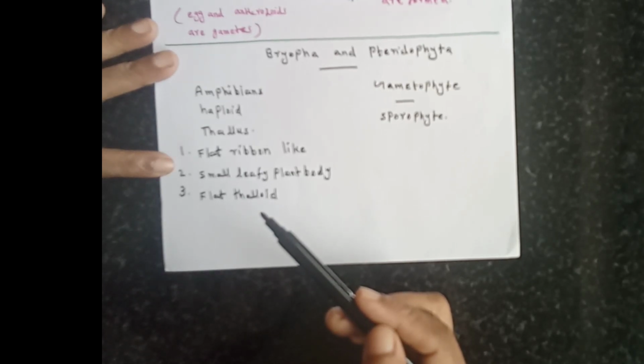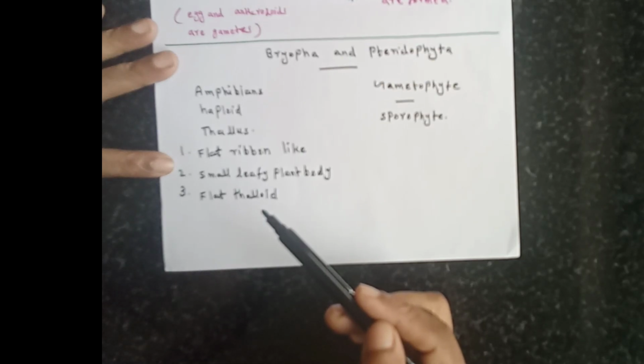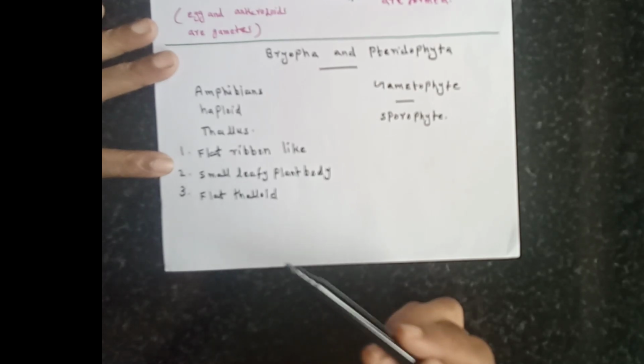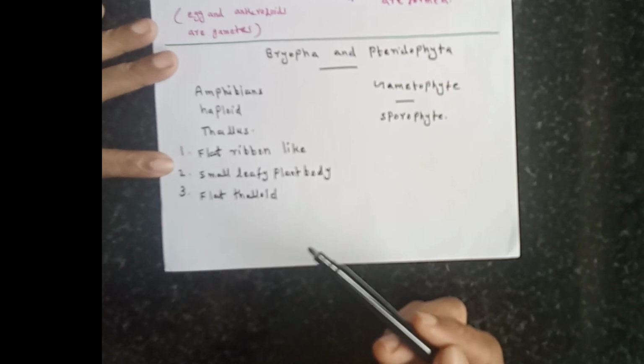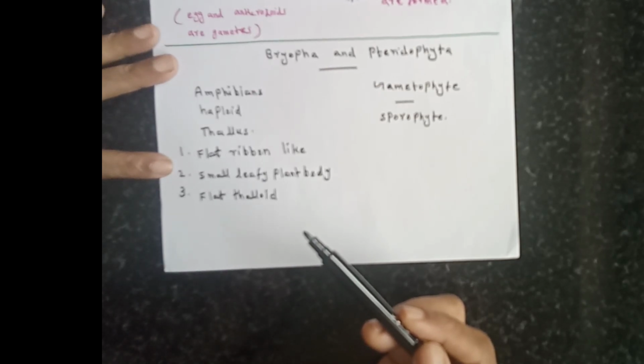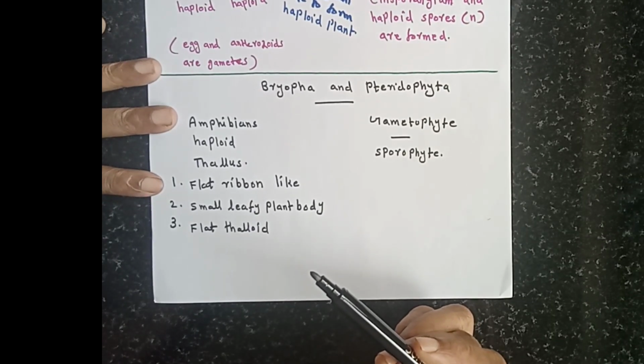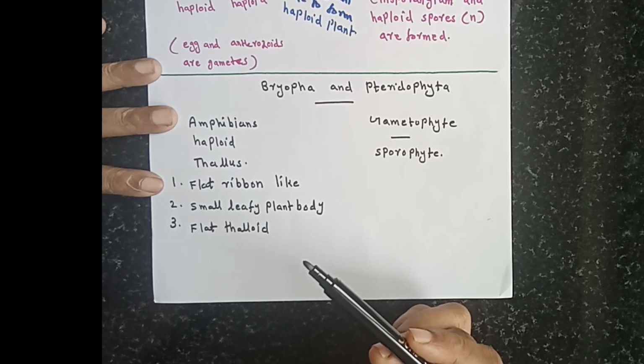It takes nutrition from the gametophytic part. Spore-bearing sporangium develops on the sporophyte. In sporangia, spores are produced by meiosis, or reduction division, and from the diploid sporophyte, haploid spores are formed. The sporophytes are a short-living phase.